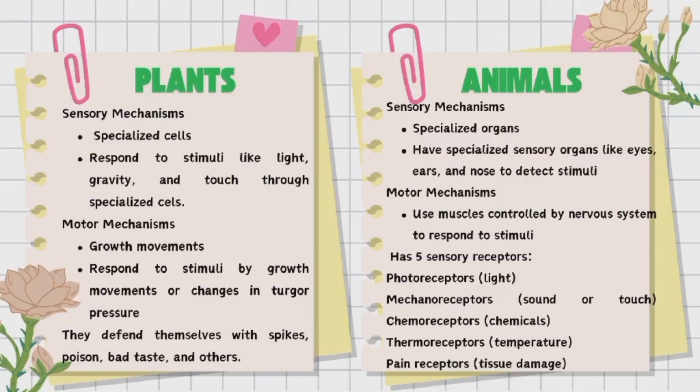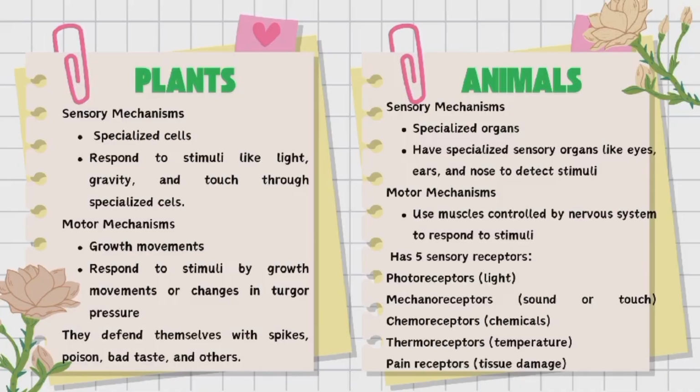Mo-decide og unsay i-respond. For example, kung mo hawid kag bisag unsa nga init, your thermoreceptors and pain receptors mo diretso og signal sa brain para tanggalon imong kamot adto. Mao nang imong motor mechanism in action using your muscles controlled by the nervous system.